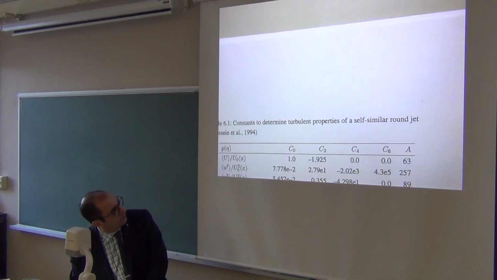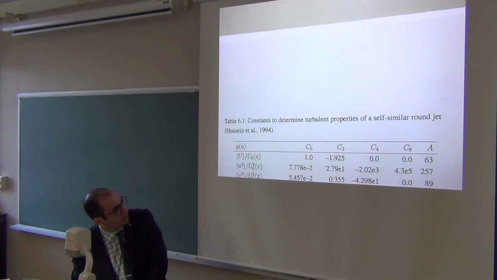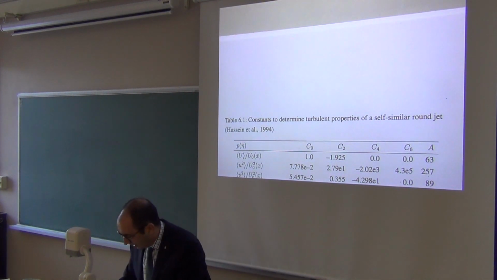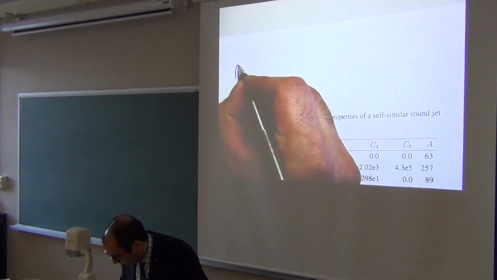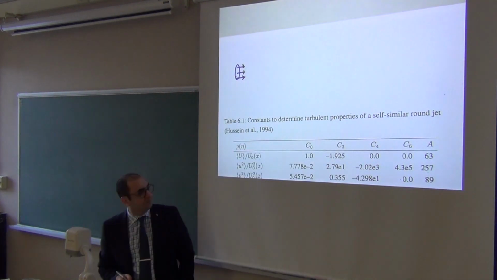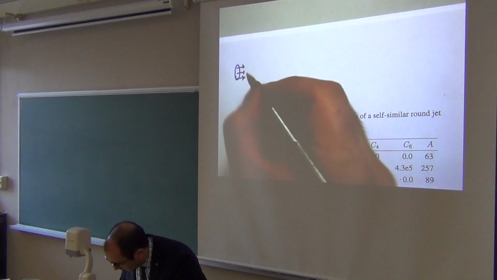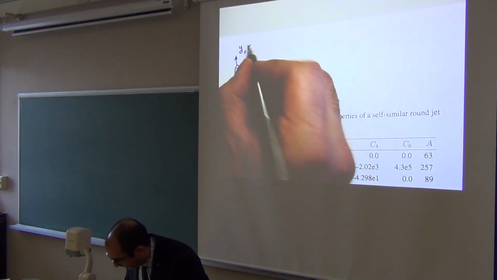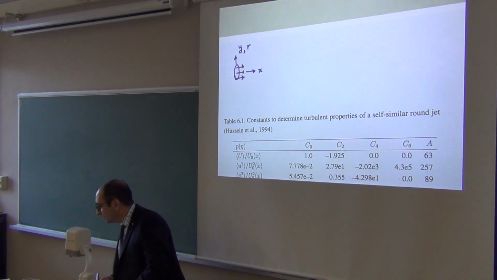One thing I would like to do before I show you the equation is to tell you the approximations I'm going to use. So here's your jet, it's coming into the quiescent background. That's your jet. This is the x-axis, that's the y or r-axis, the lateral radial direction.